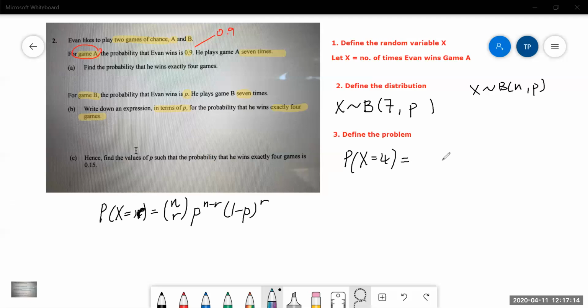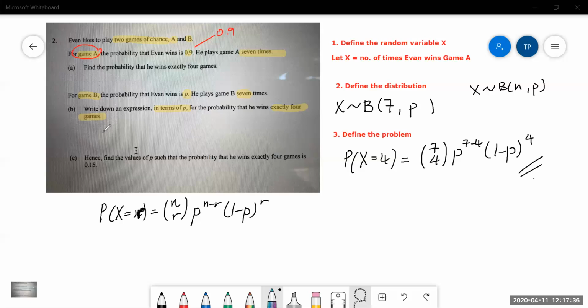So it will be equal to 7 choose 4, p to the power of 4, 1 minus p to the power of 7 minus 4, which is 3. So this will be the expression.